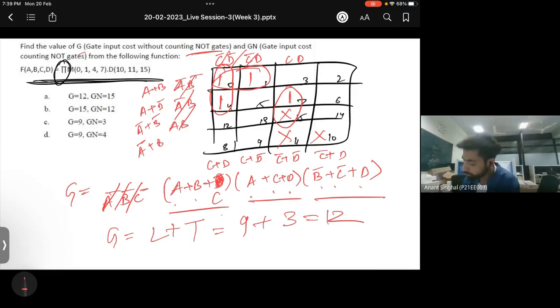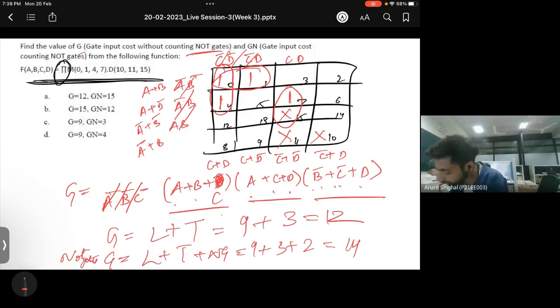Then if we calculate the gate cost with NOT gates, we just add the number of NOT gates. So there will be 2 NOT gates. Literals 9 plus terms 3 plus NOT gates 2, which will be 14. Okay, 15 is the option, maybe I've written something wrong.